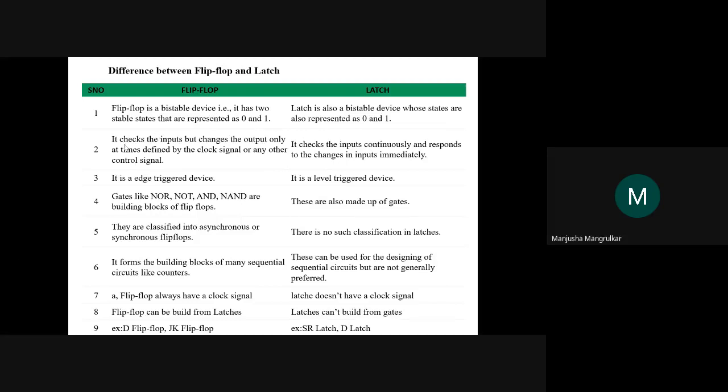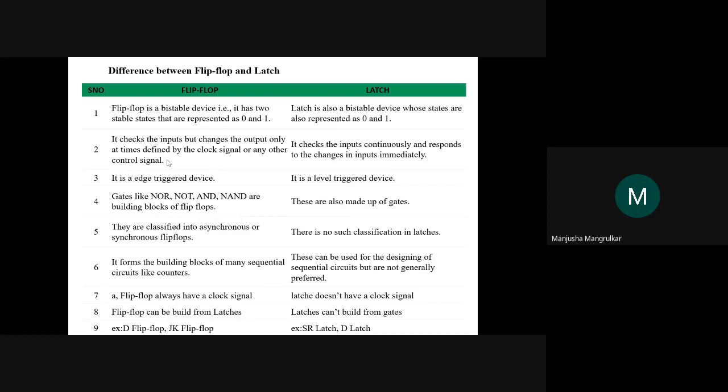The second point is that a flip-flop checks the input but changes the output only at the time defined by the clock signal or any other control signal, right? If you send an input in between but the clock pulse has not completed, your output will not change.